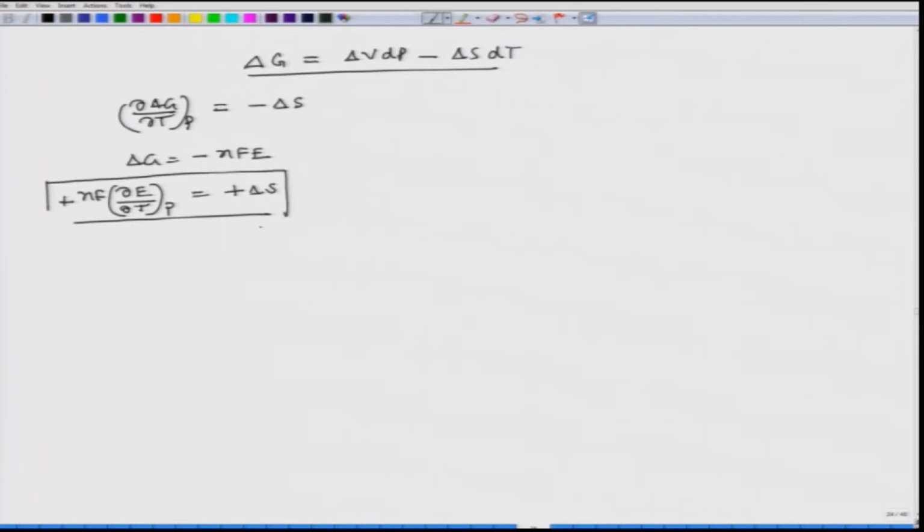Now, if we know the variation of potential with temperature for a particular cell, we can also get the entropy change for that particular reaction.